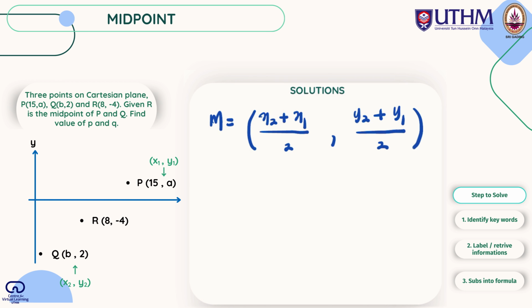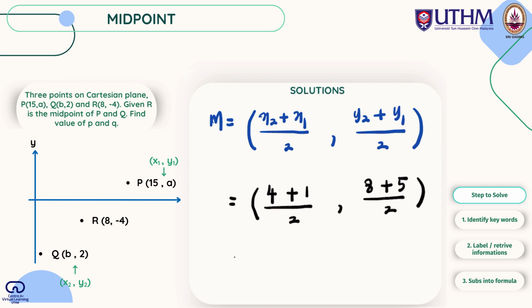From here, we have 2 points. The first point is x1, y1 and the second point is x2, y2. Substitute into the formula. So x2 is 4 plus x1 is 1 over 2, and y2 is 8 plus y1 is 5 over 2.